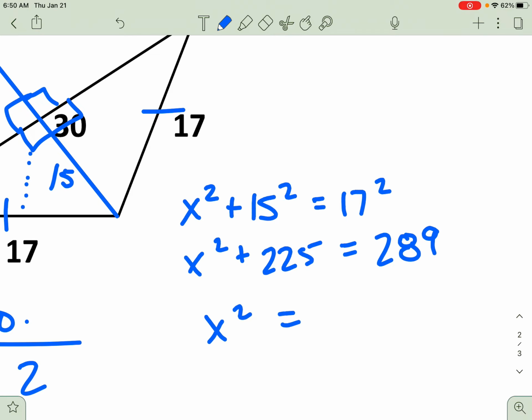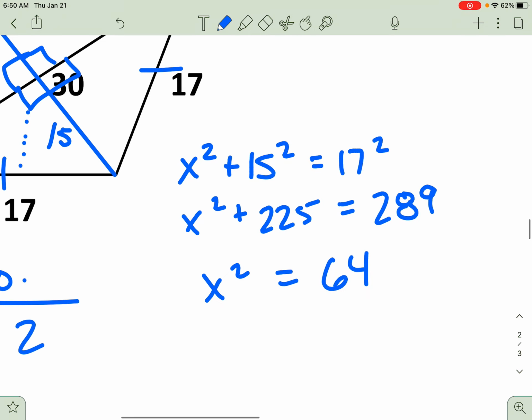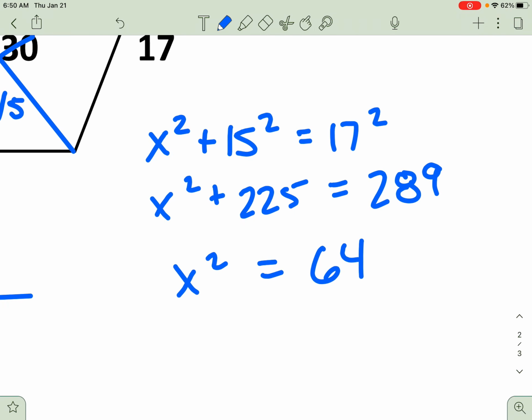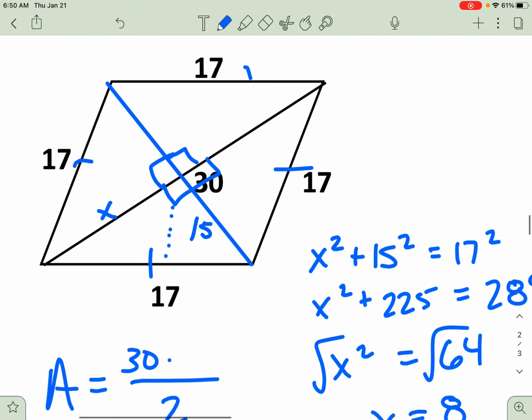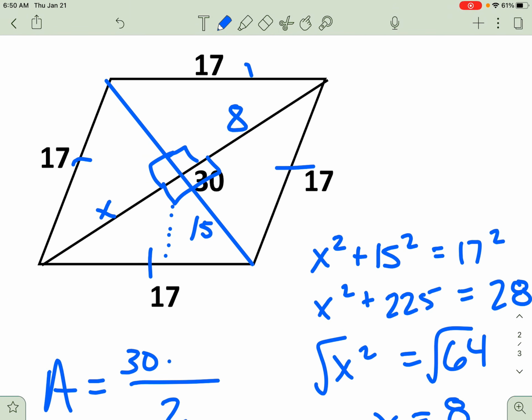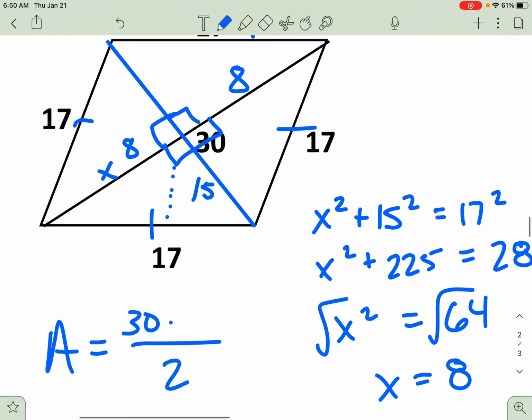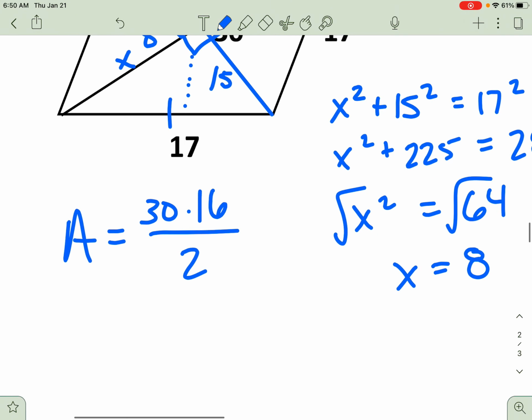Okay, subtract 225, and you get another very nice number, because this is also a Pythagorean triple. Take the square root, so x is 8. So this is an 8, 15, 17 triangle. So that means this is 8, that means this is 8. So that would give us 16.